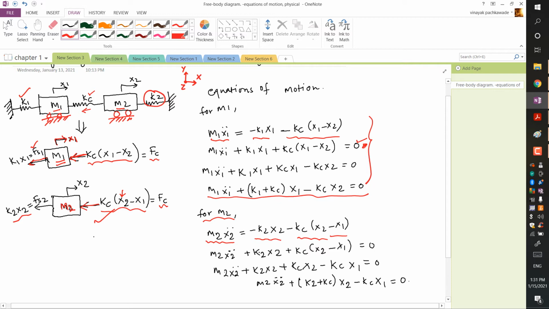We simplify these two expressions, take them to the right side and equate to 0, because there is no external force over here. That is how we get this final form of expression. So this is, let's say, equation number 1, and this is equation number 2. This is how we go.